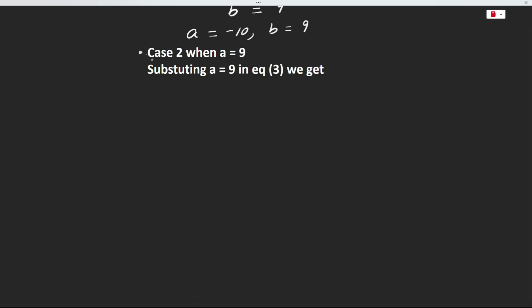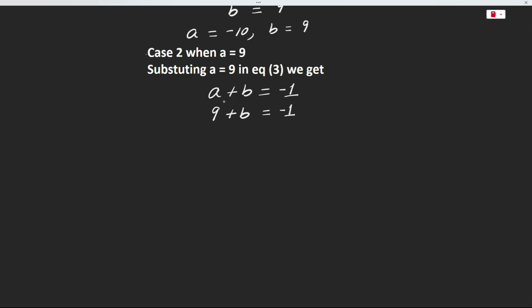Now in case 2, when a equals 9, substituting a equals 9 in equation 3 we get: equation 3 is a plus b equals minus 1. Now putting the value of a, 9, here we can write this as 9 plus b equals minus 1.